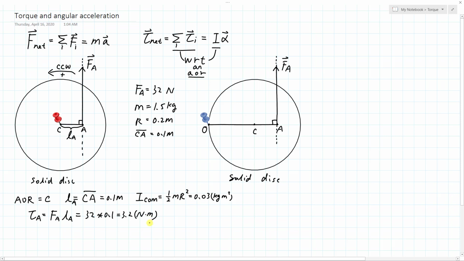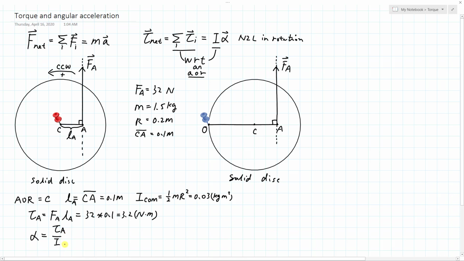So now we have the torque. We can calculate, according to Newton's second law in rotation, the angular acceleration. The angular acceleration is equal to torque over rotational inertia. So let's be clear, this torque is with respect to the center of mass axis of rotation, right?